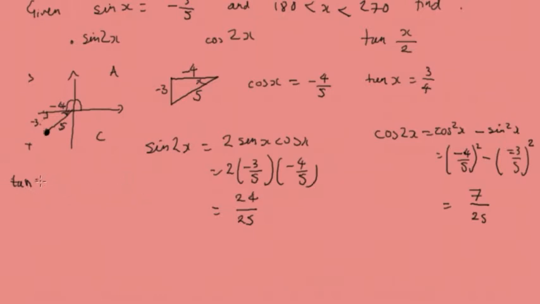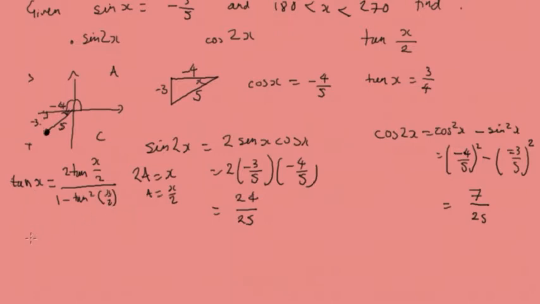We're going to use 2a equals x, so tan 2a equals 2 tan a over 1 minus tan squared a, where a is x over 2.